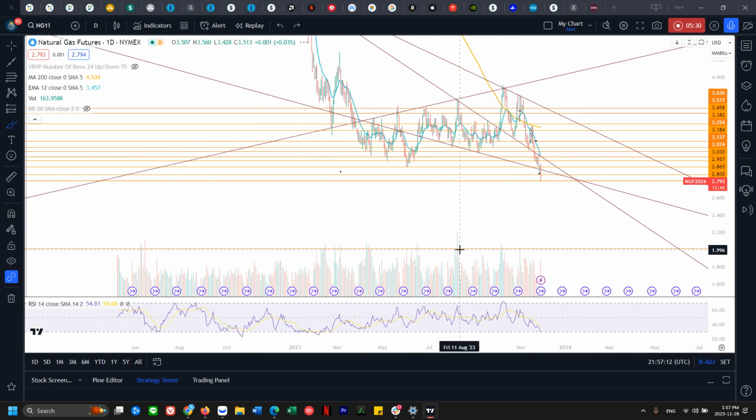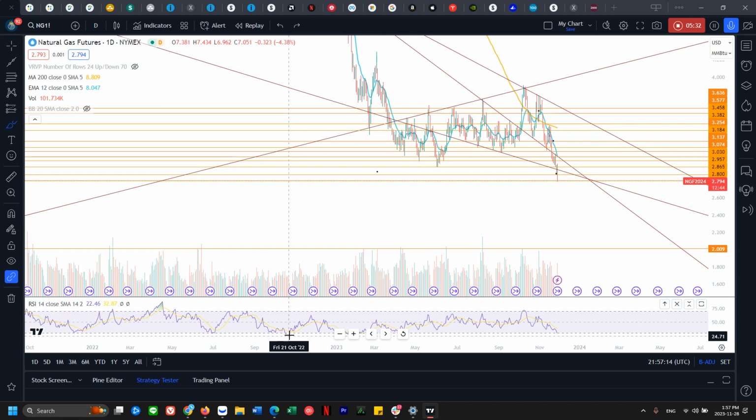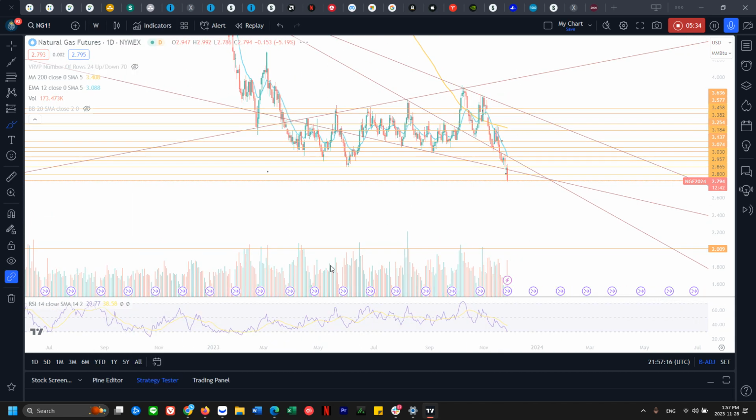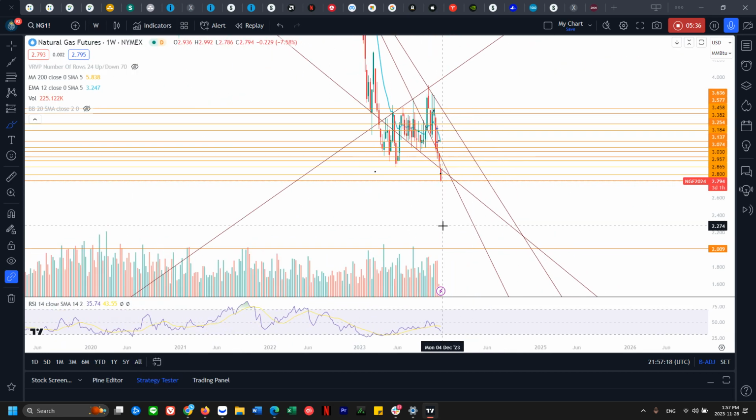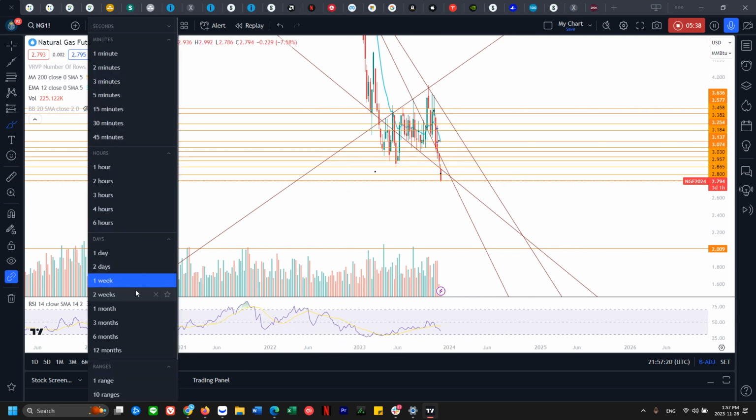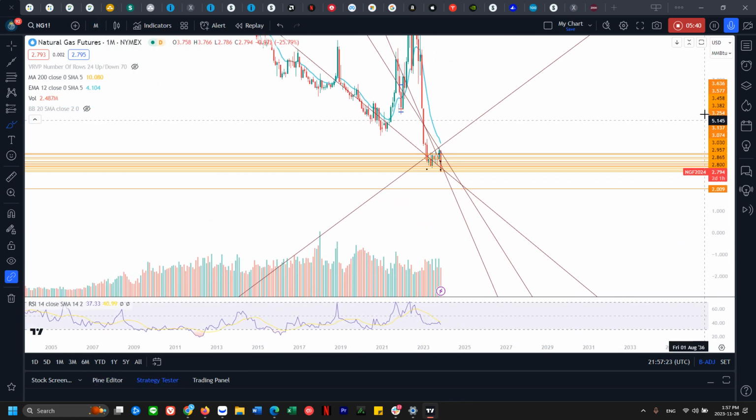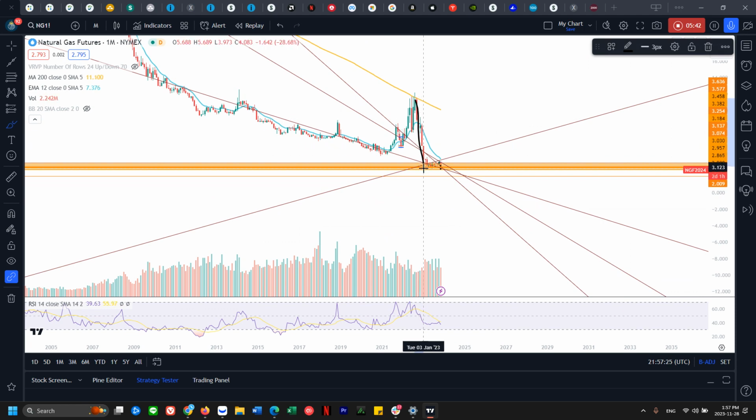But let's see here, weekly. There's nothing really. This is pretty much a monthly bear flag playing out. You can see big drop, small bounce, monthly bear flag playing out.